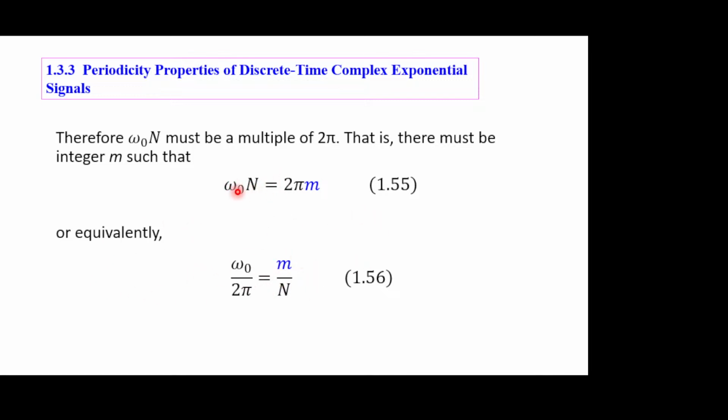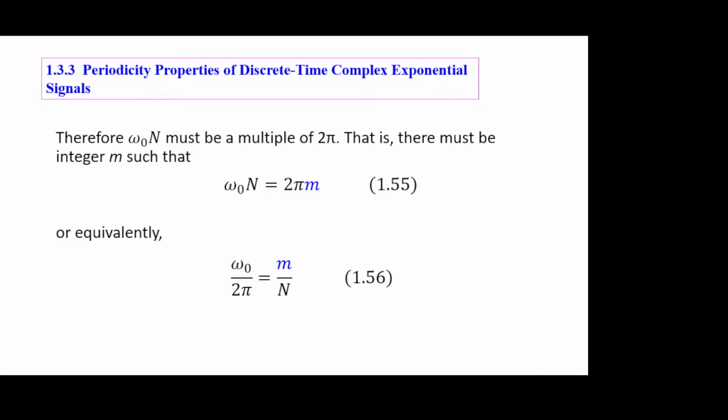If we move things around, omega naught divided by 2 pi needs to be m divided by N. Now remember, m is an integer and N is an integer. So we see that omega naught divided by 2 pi needs to be a rational number.